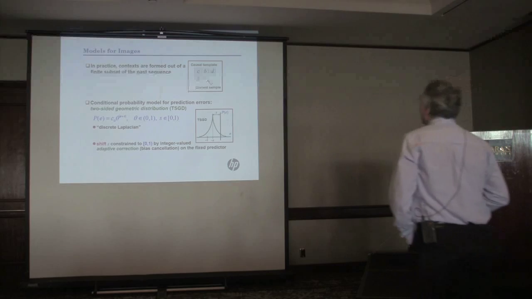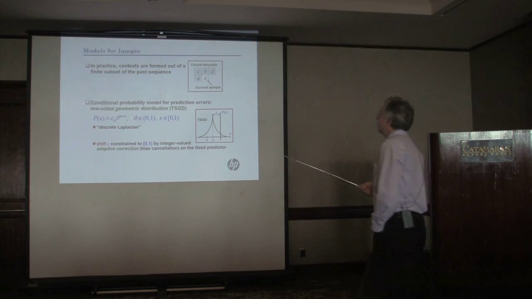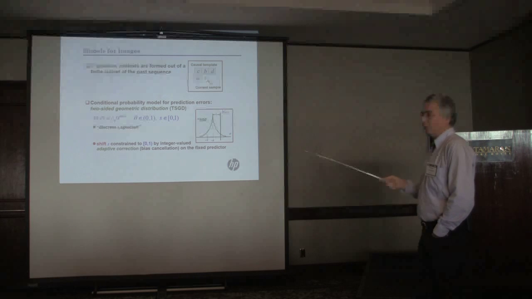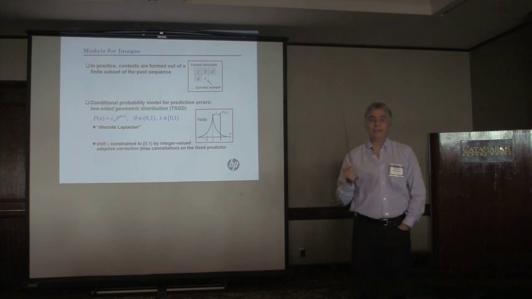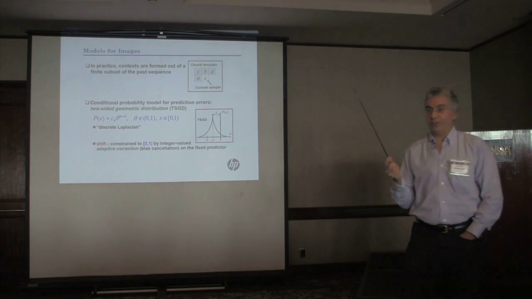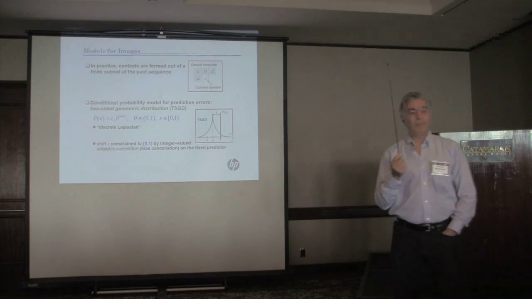So let me talk a little bit about context for images. First of all, in these models, contexts are formed out of a finite subset of the past sequence. We are not going to look into the whole past, first of all because it creates an ordering question, a very interesting ordering question. How do you scan the image in order to get the most meaningful past?